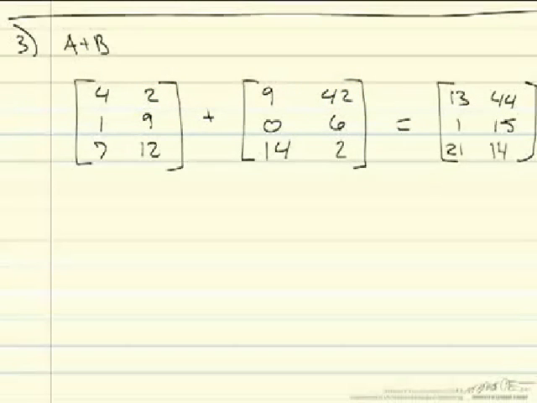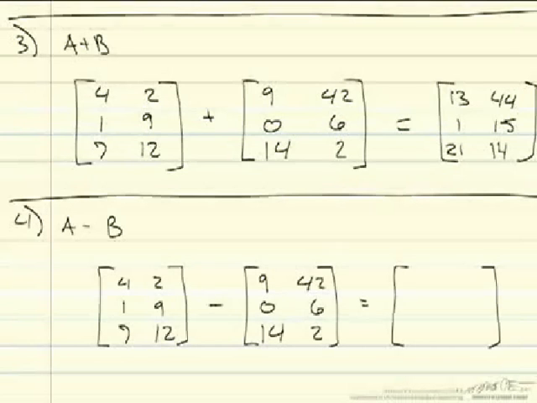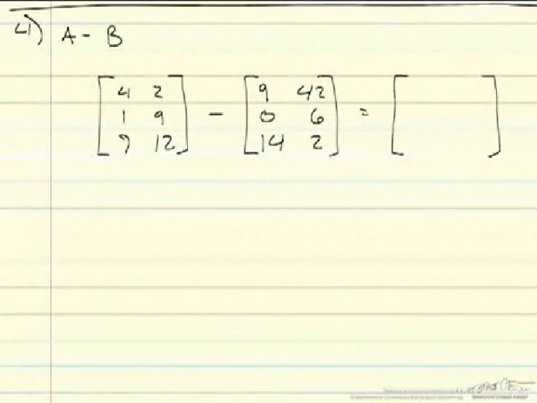Now, the second problem is similar to the second problem of scalar subtraction. In this situation, what you would do is you subtract each element from its corresponding element in the other matrix. So what you end up with is -5, -4, 1, 3, -7, and 10.